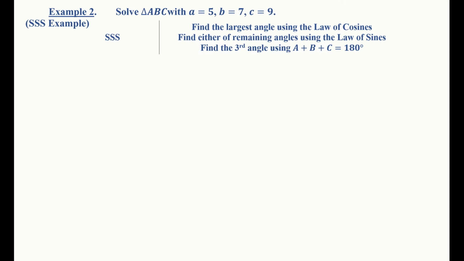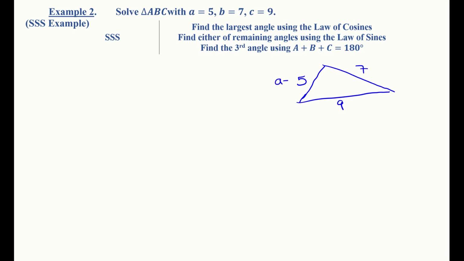And as you know, the largest angle in a triangle is always opposite the largest side. So if we do a quick sketch here, we have a situation almost like that.